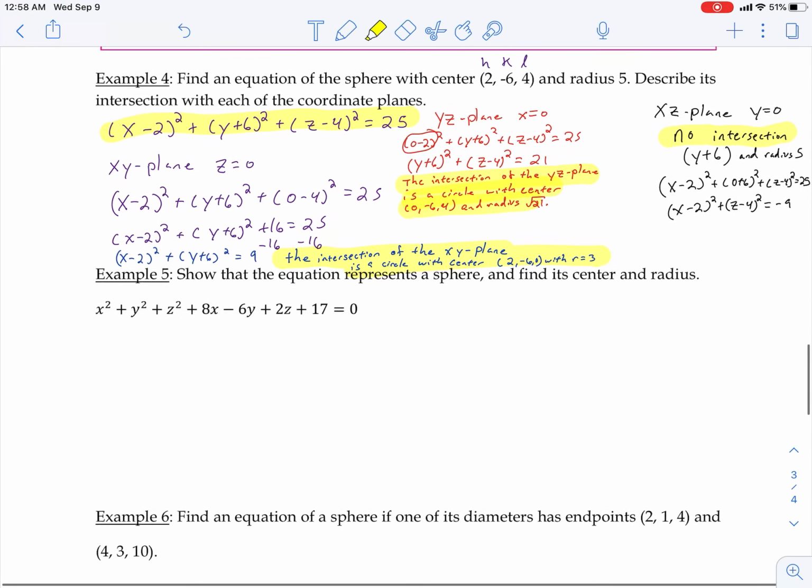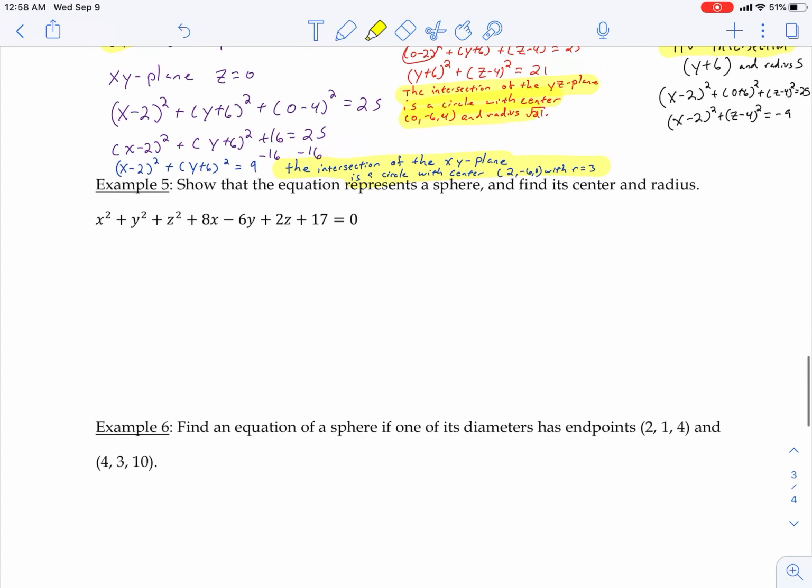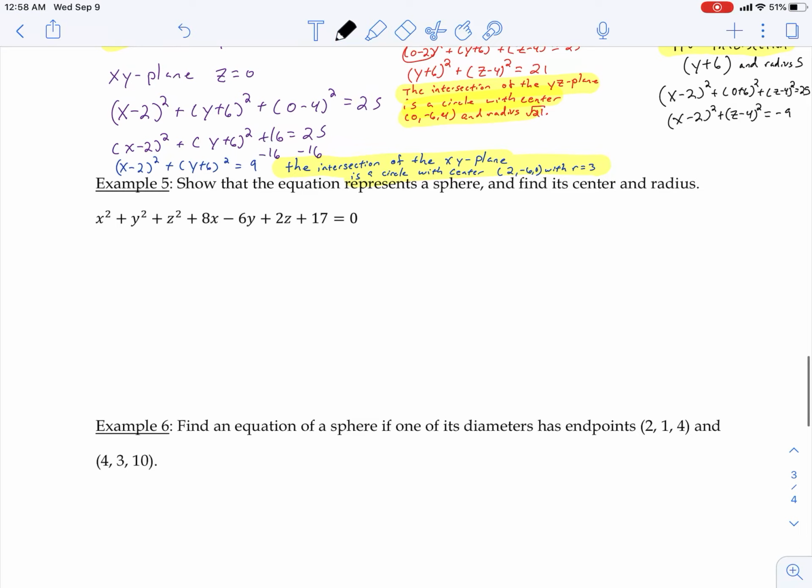All right. Example 5, show that the equation represents a sphere and find its center and radius. And so here we have an equation, x squared plus y squared plus z squared plus 8x minus 6y plus 2z plus 17 equals 0. The first thing that I'm going to do is I'm going to go ahead and rewrite the equation. And I'm going to go ahead and say x squared plus 8x plus y squared minus 6y.